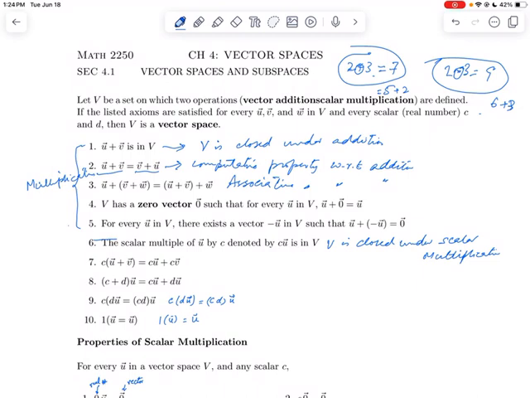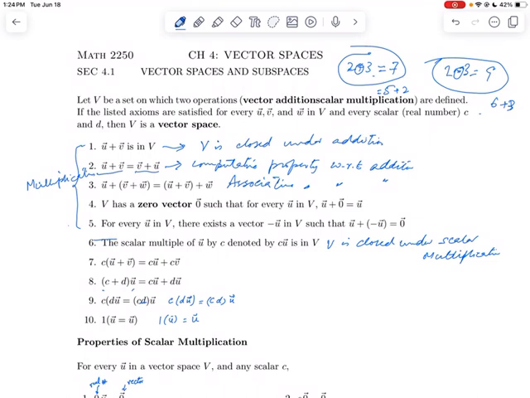A scalar being distributed over a sum of vectors, so c(u + v) will be cu plus cv, and here a vector being distributed over a sum of numbers, so (c + d)u will be equal to cu plus du. So, the normal distributive law, kind of.